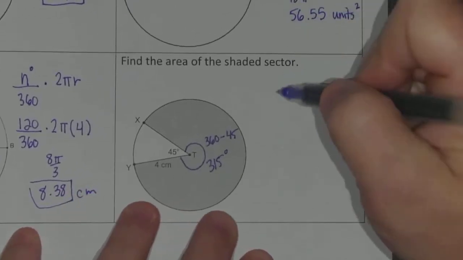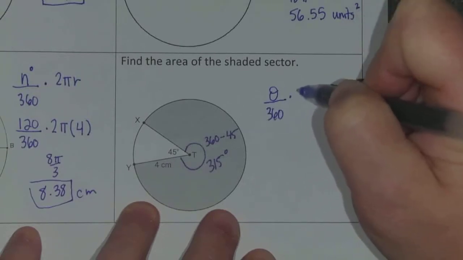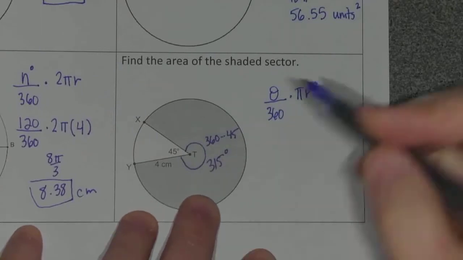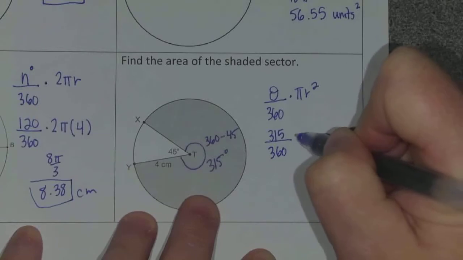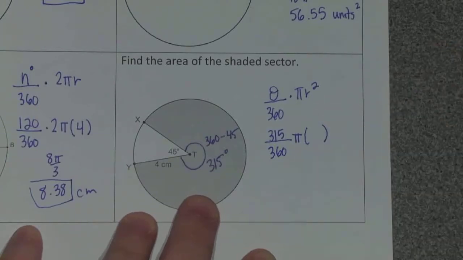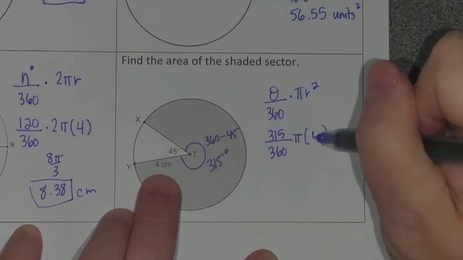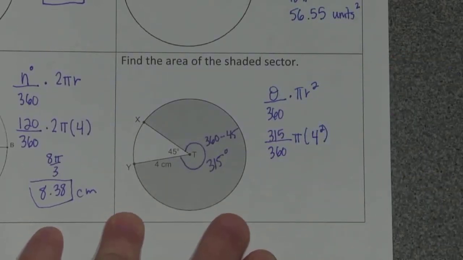So then we'll go grab that formula. It's the angle over 360 times pi r squared. The angle is 315. And what's the length of my radius? 4. So we're going to punch it in our calculator just like that.